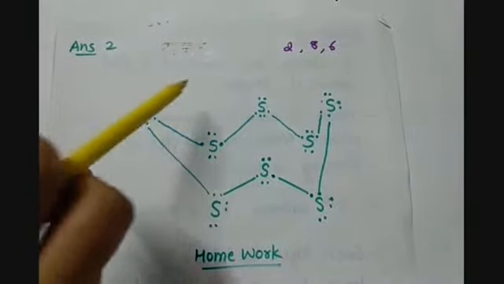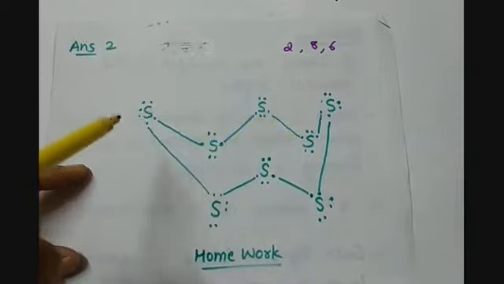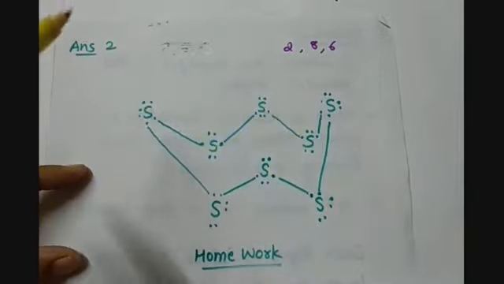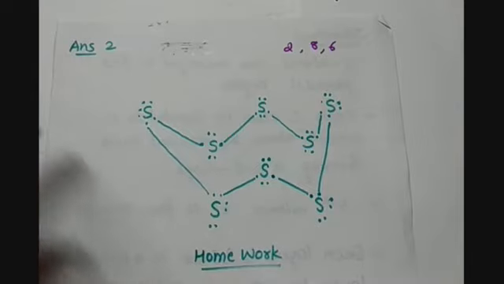And this way all these 8 sulfur atoms are getting stabilized and making 2 covalent bonds each. So this is how S8 is formed in a ring shape.